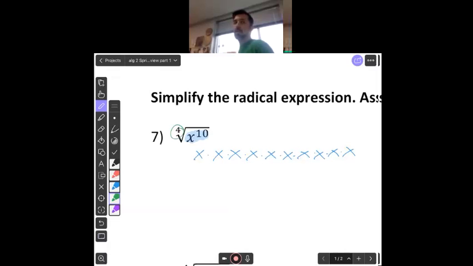So it's telling you how big of a group you want to find. All right, so we want to find groups of 4. Okay. So we have 2 groups of 4, and then we have these 2 that don't get grouped. All right. So when you have a group, where do you go?